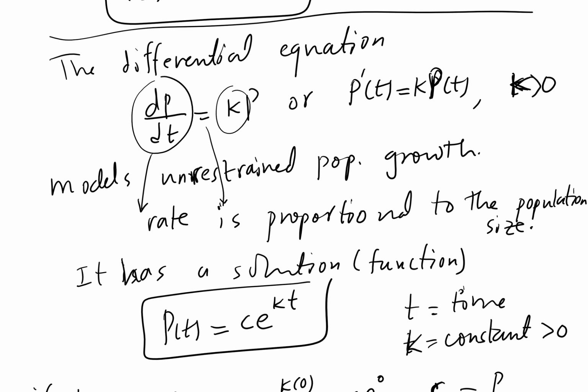And k is a constant. Here we're going to assume it's bigger than 0 for growth, usually less than 0 for decay. So what the equation is saying is that the rate is proportional to the population size.